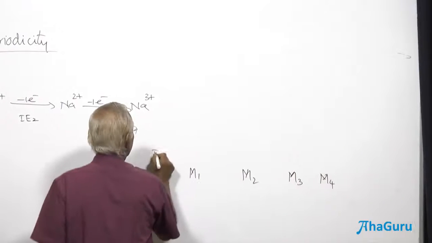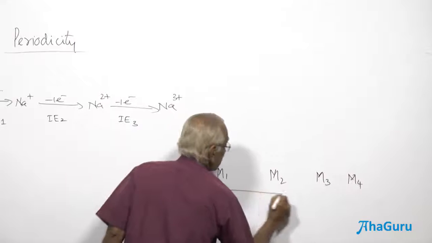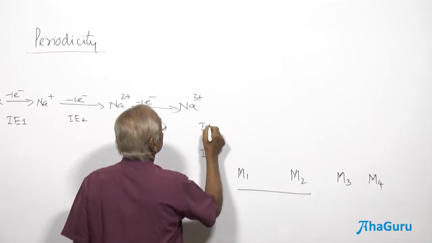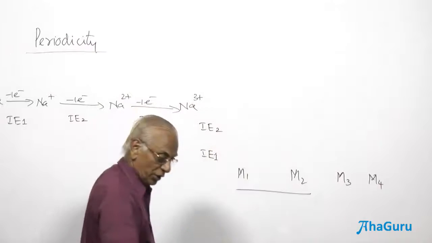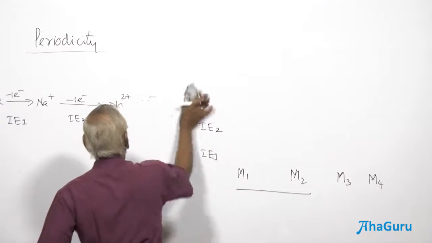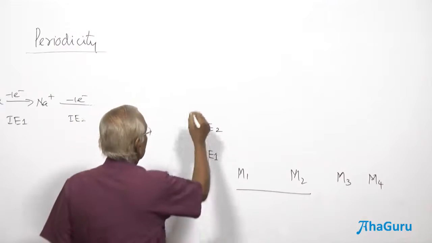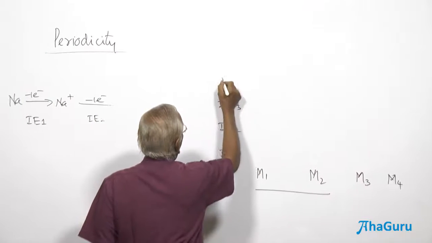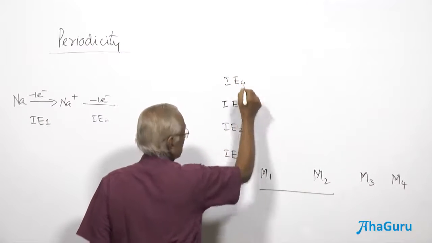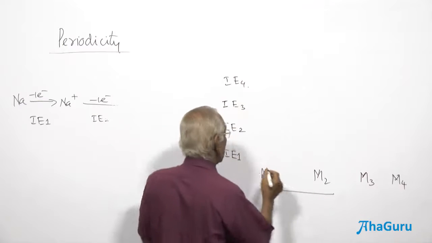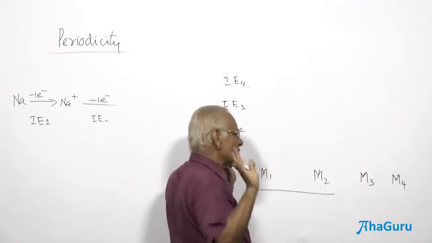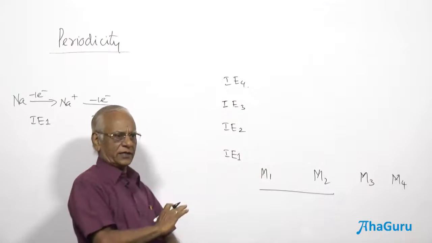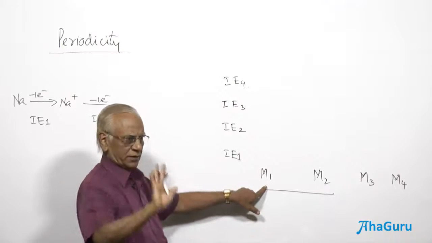Let me take the first two: IE1, IE2, second ionization enthalpy, the third ionization enthalpy, and the fourth ionization enthalpy. I am just giving you some values. They don't correspond to the exact thing. That is why I told you unknown metal.